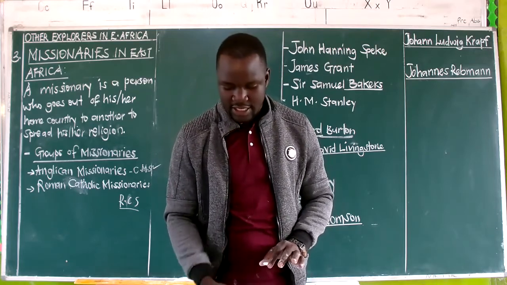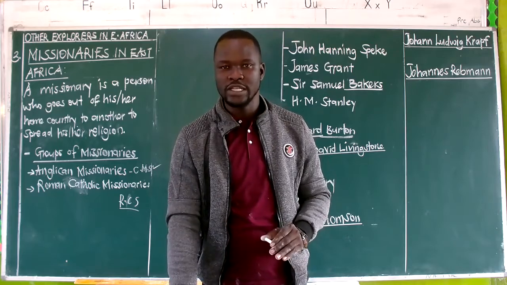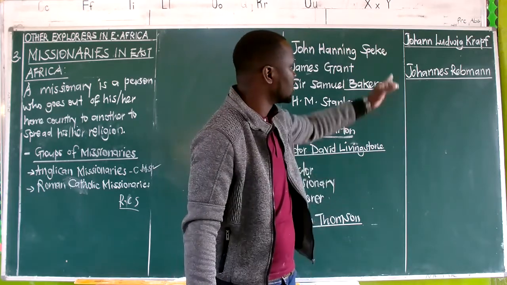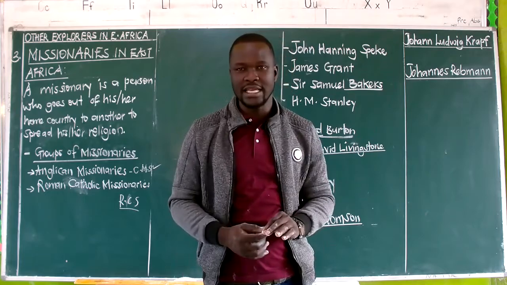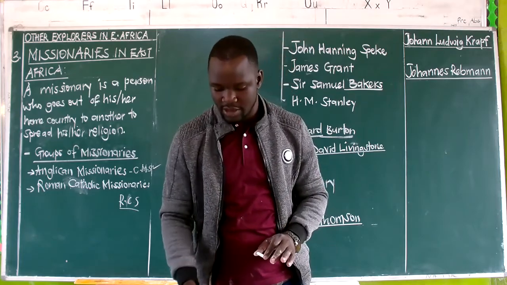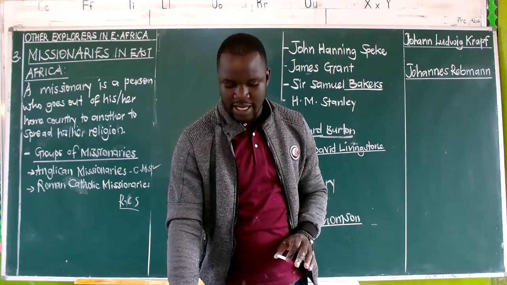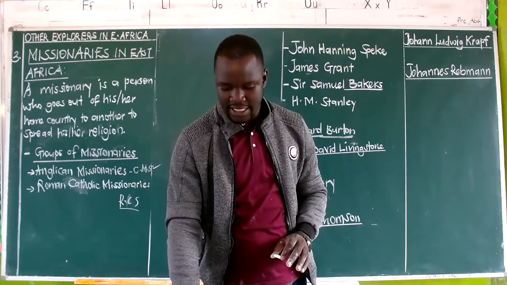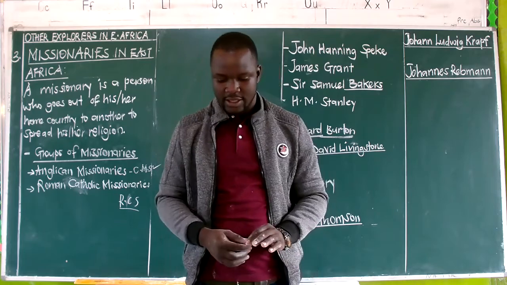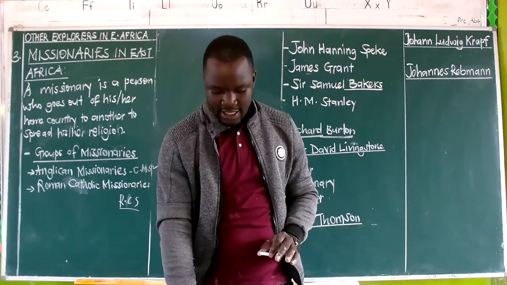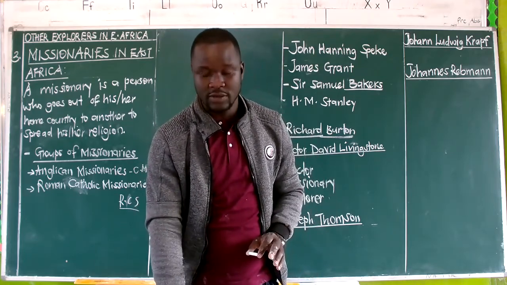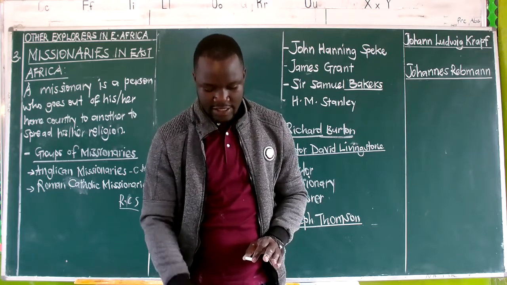We are going to the Church Missionary Society, which sent the first Christian missionaries. We have Johann Ludwig Krapf, who we said was the first European missionary to come, and later on he was joined by Johannes Rebmann and Jacob Erhardt, as we talked about on the side of the explorers.